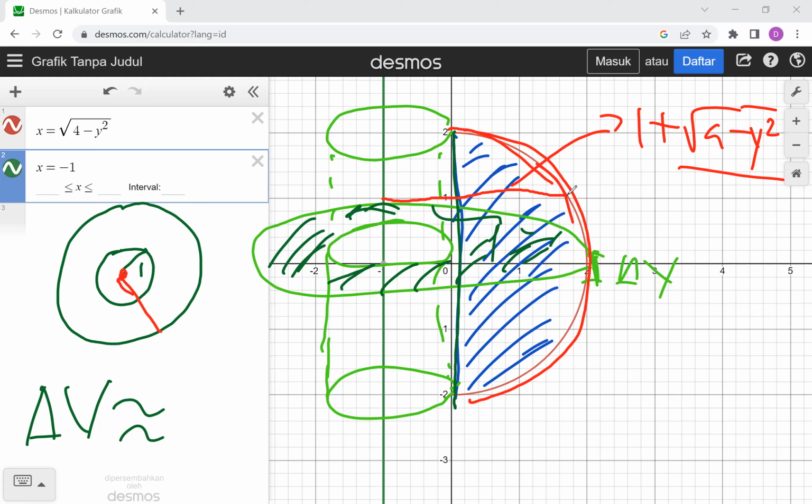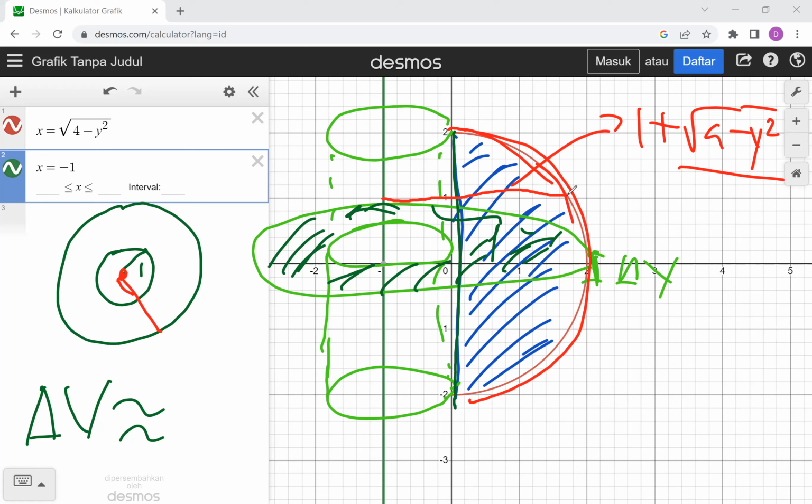The general approach can be used, with a different region, if the rotation axis is in general x equals a constant or y equals a constant: just calculate the distance from the inner curve to the rotation axis, as well as the distance from the outer curve to the rotation axis.